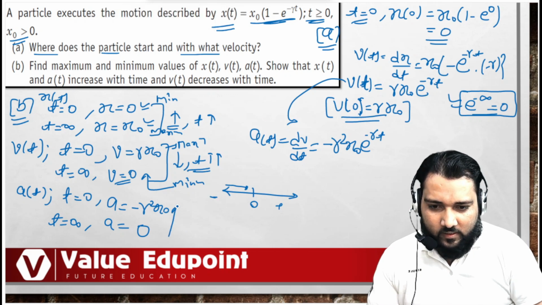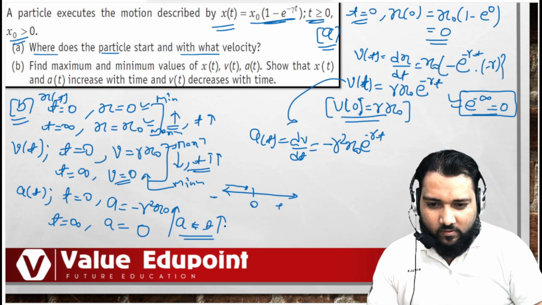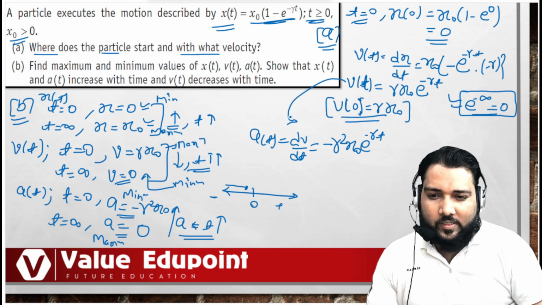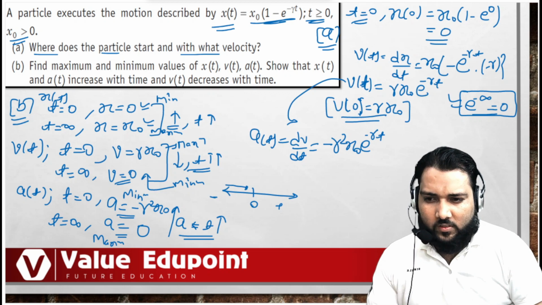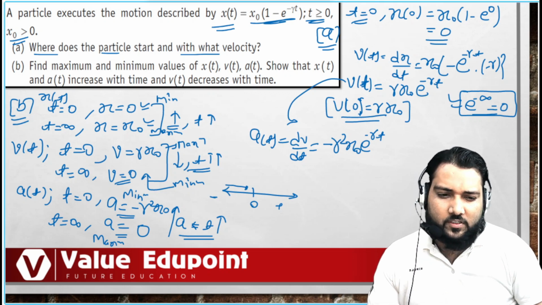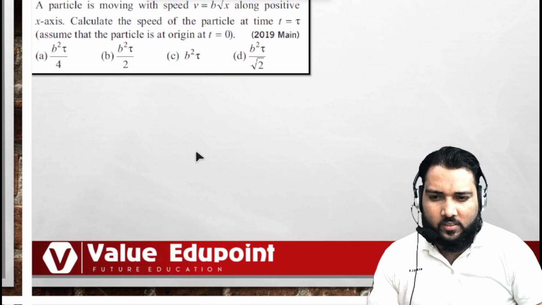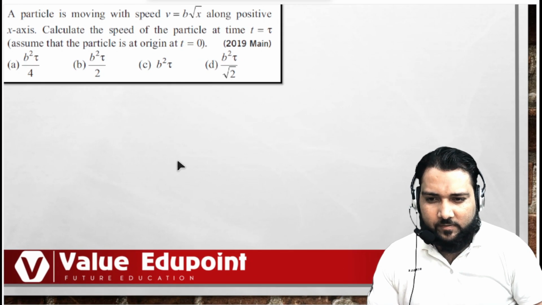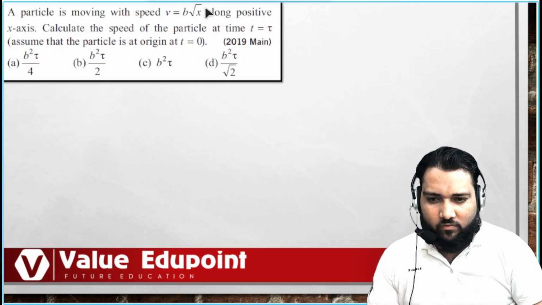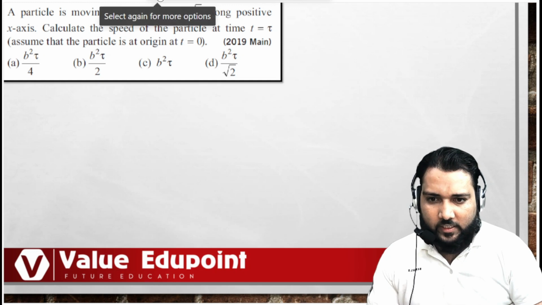Again, this is the minimum value and this is the maximum value of acceleration. Is it okay, guys? This is related to basic functions of mathematics. So guys, before starting physics, first go through our lectures on basic mathematics, otherwise it is very difficult.